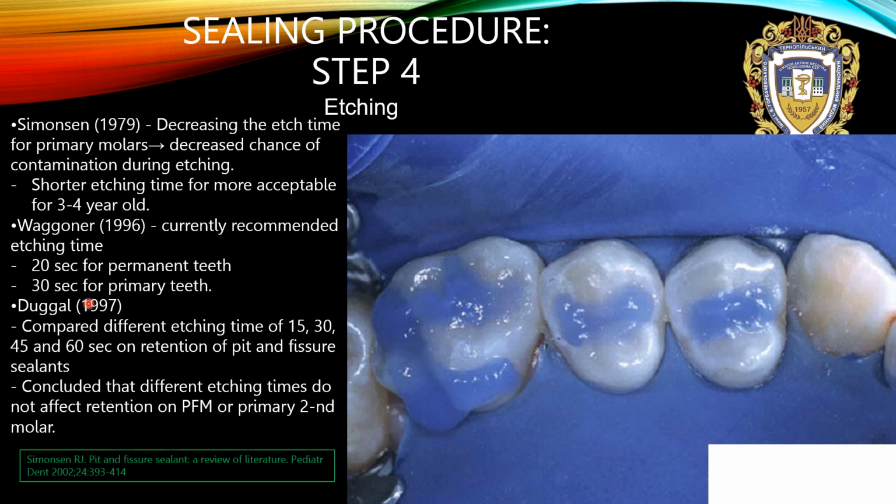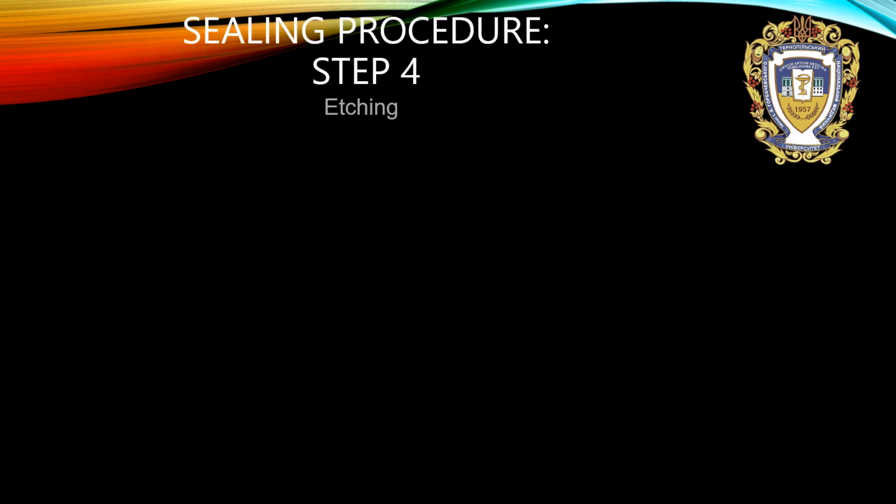Duggal in 1997 compared different etching times of 15, 30, 45 and 60 seconds on retention of pit and fissure sealants and concluded that different etching times don't affect retention on permanent first molars or primary second molars.